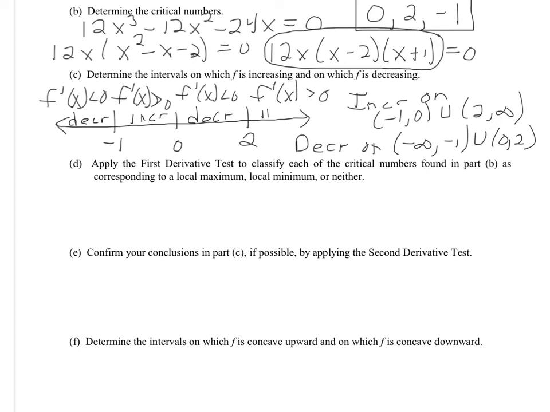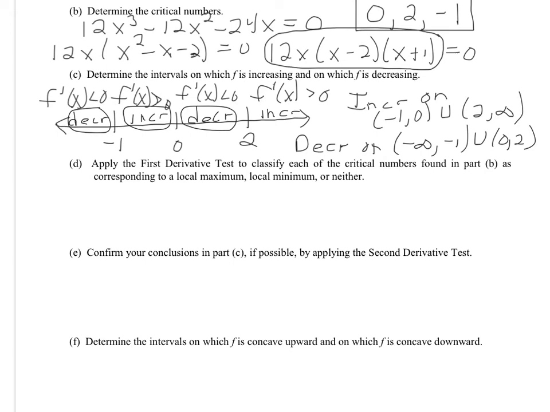So, right, we have decreasing in this interval, increasing in this interval, decreasing, and increasing. So as the graph moves from left to right, if it transitions from a decreasing to an increasing function, we've got ourselves a local min. And if it transitions from an increasing to a decreasing function, we've got ourselves a local max.